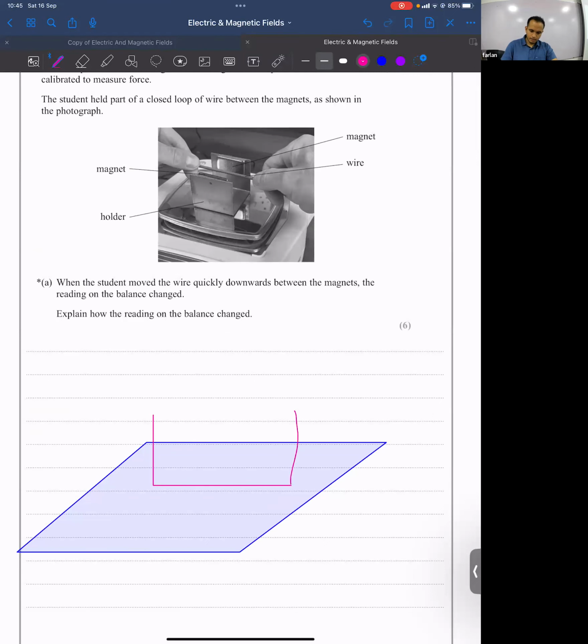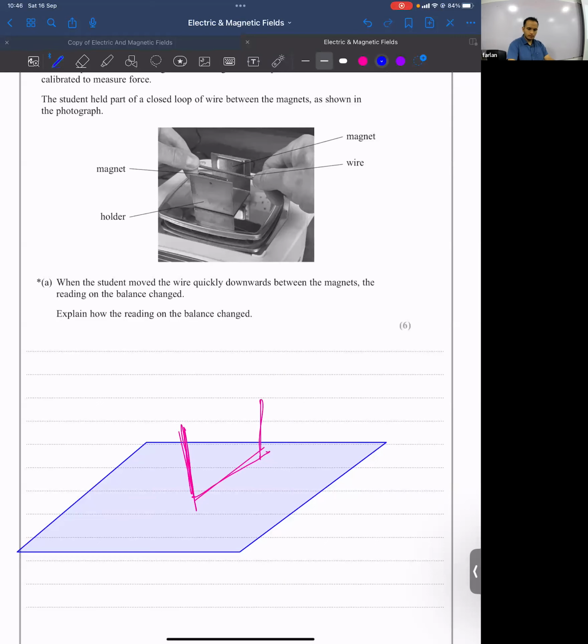So the top pan balance will be reading the weight of the magnet. Correct?